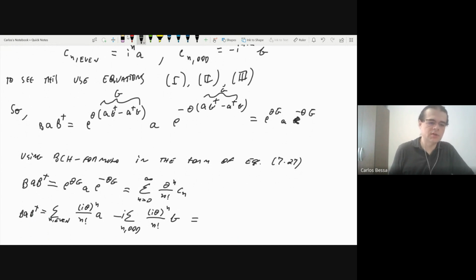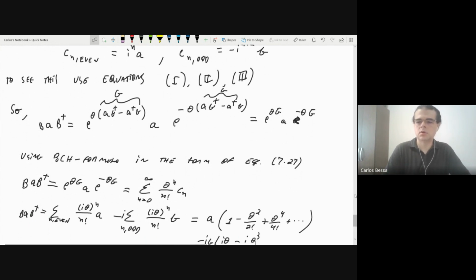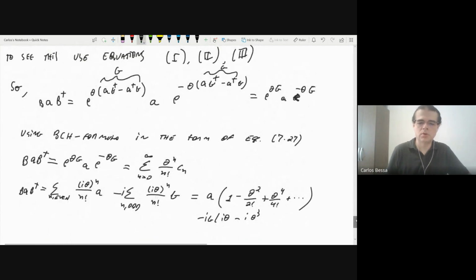So if you expand this sum, this will give A times (1 minus theta squared over 2 factorial plus theta to the 4 over 4 factorial plus other terms) minus B times (i theta minus i theta cubed over 3 factorial plus i theta to the 5th over 5 factorial plus other terms).